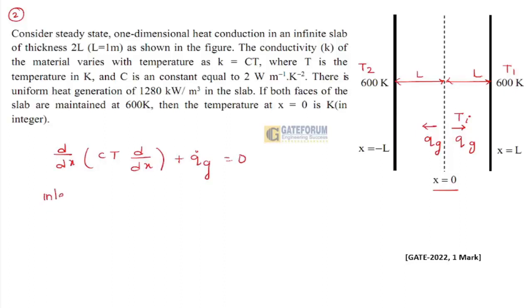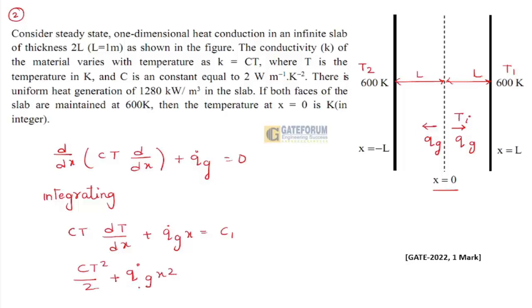Integrating it, we get CT dT by dx plus q dot G x is equal to C1. Again, one more time, if we integrate, CT squared by 2 plus qG into x squared by 2 is equal to C1 x plus C2.